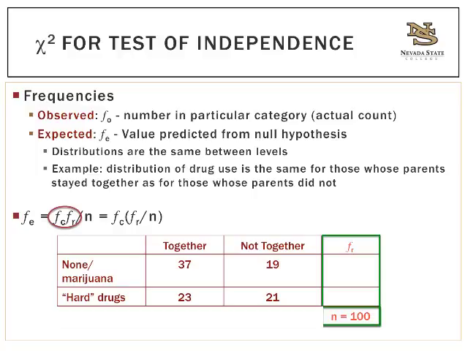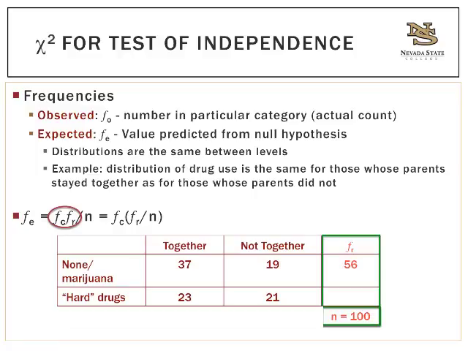Now, because we had 100 participants total, we need to make sure that these frequencies here also add up to 100 because you're taking into account everybody who was in your study. So if we go ahead and add across, we get 56 people total who said that they didn't do any drugs or only used marijuana.